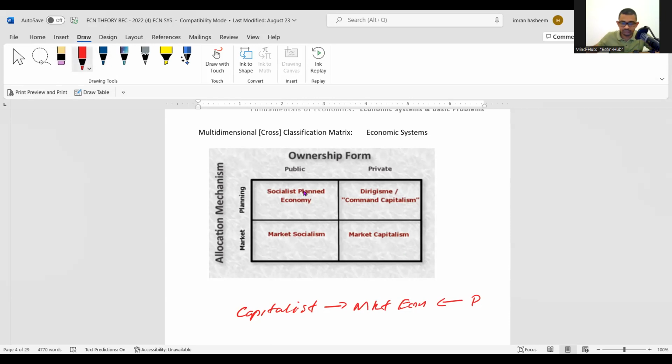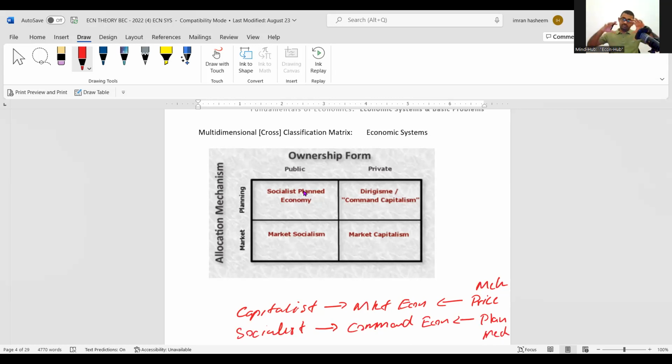Planning is also with a P. Then the normal trend is that socialist countries are mostly command-based economies, and they prefer to use the planning mechanism. This is what we generally see in the world.